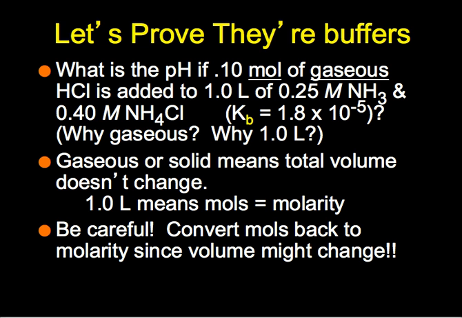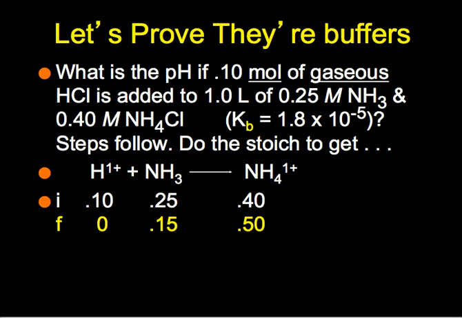In this case, we've got a buffer solution, so that means that adding some acid, HCl, to this buffer should not change the pH of the solution. So do the calculation, pause the podcast, and verify before the next slide comes up that you can do this properly. Remember, the first step is to always do the stoichiometry.